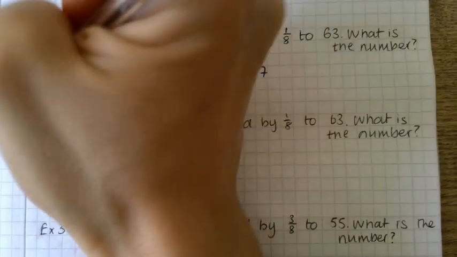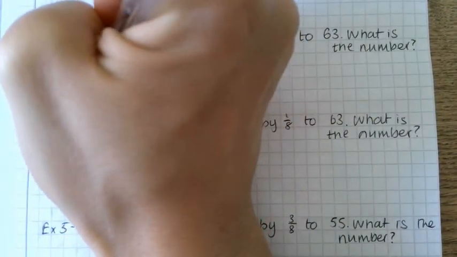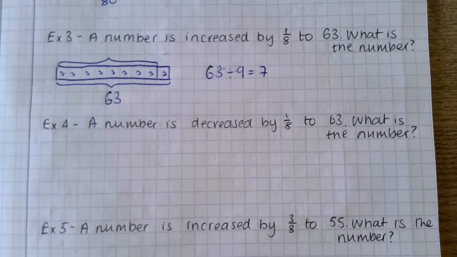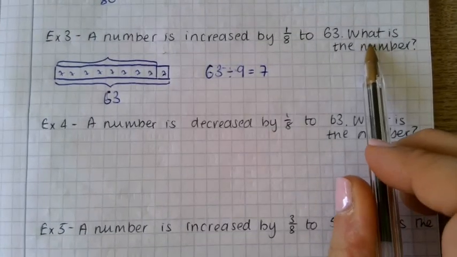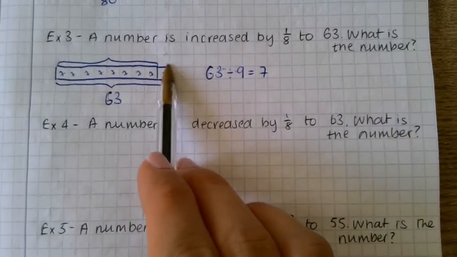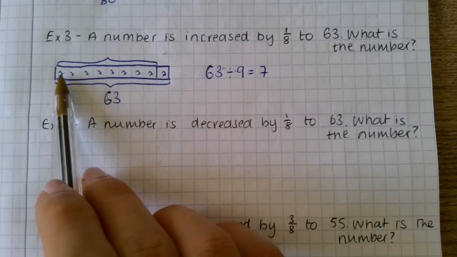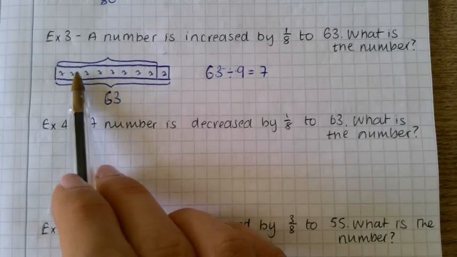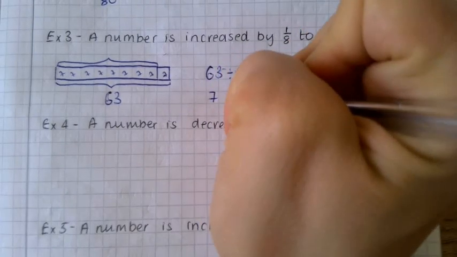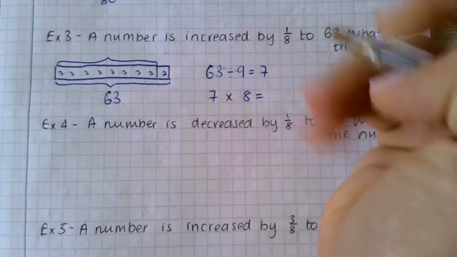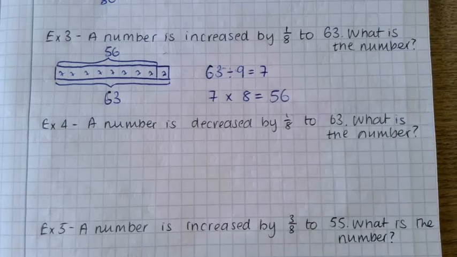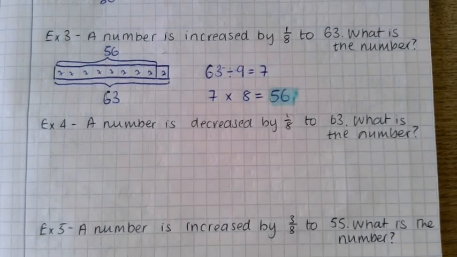So that means that each little square is worth 7. Now to find my original number before this 1/8 was added onto it, I need to do 7 multiplied by 1, 2, 3, 4, 5, 6, 7, 8. So 7 multiplied by 8, which is 56. So that was the original number.